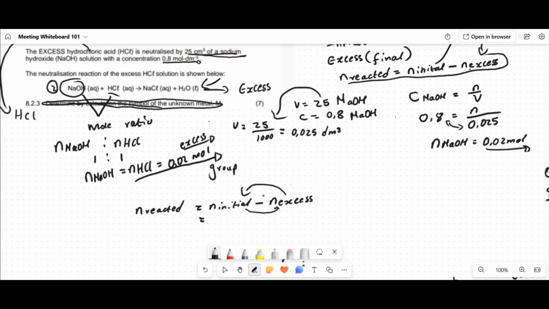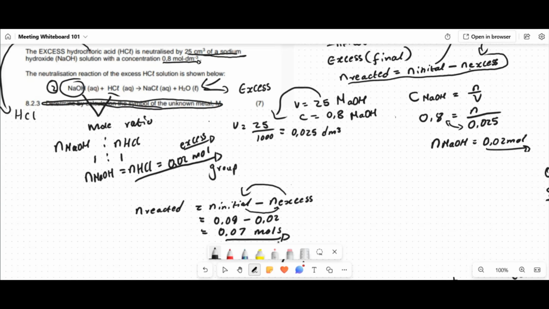Okay, we had the initial number of moles, which was 0.09, and then we subtract 0.02 moles. What do you get here? 0.07. Okay, we get 0.07 moles. Here we are fine.